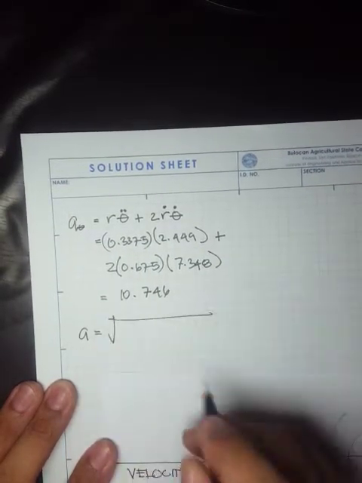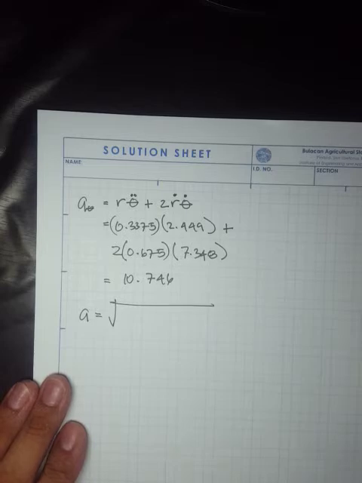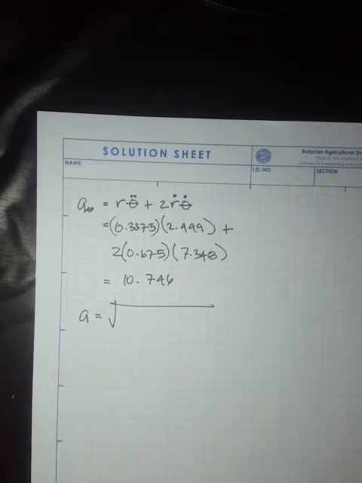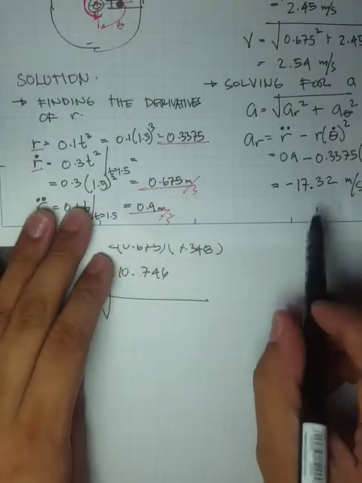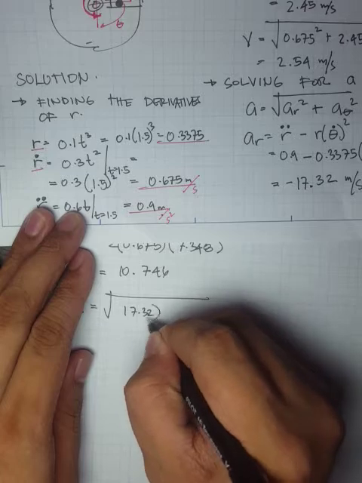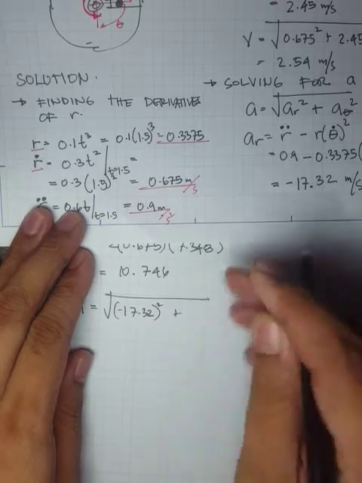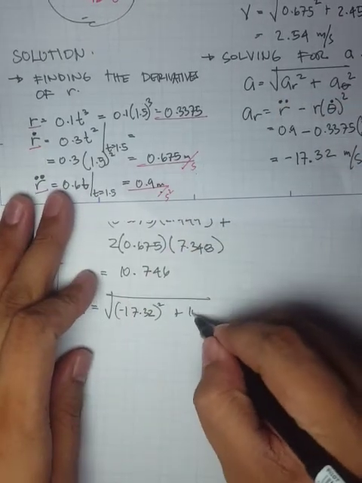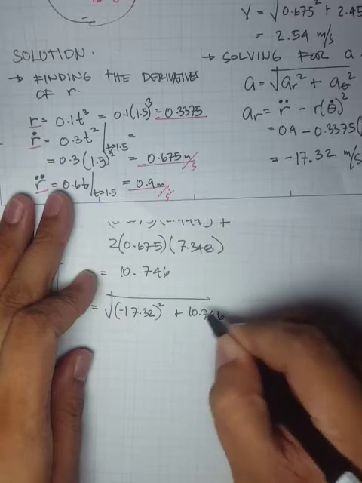Acceleration is simply the square root of this value ar, 17.32 squared, plus this 10.746 squared.